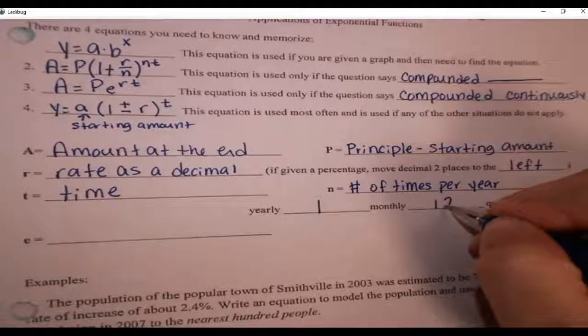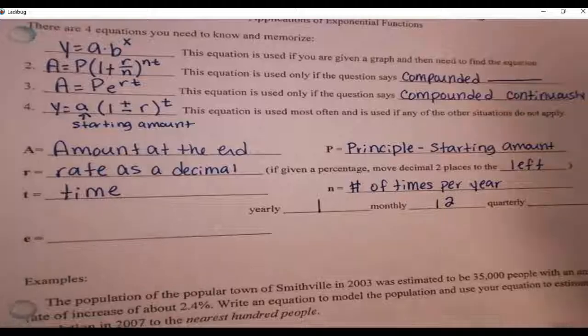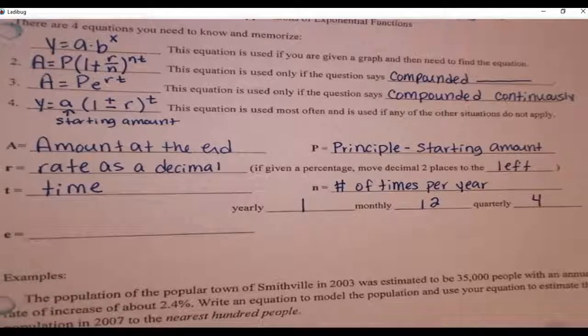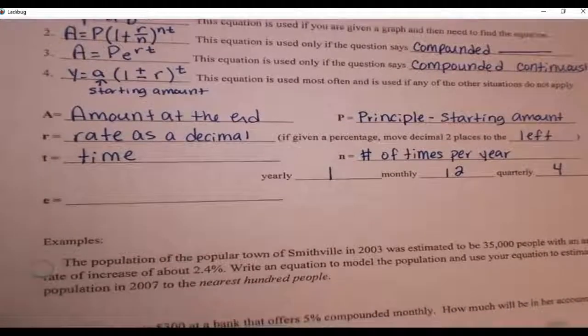Good. How about quarterly? 4. Good. So think quarterly like a quarter, 4 quarters in a dollar. Okay.